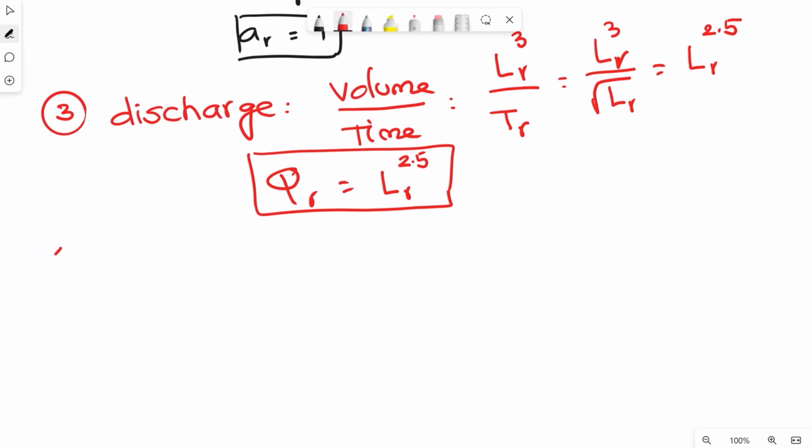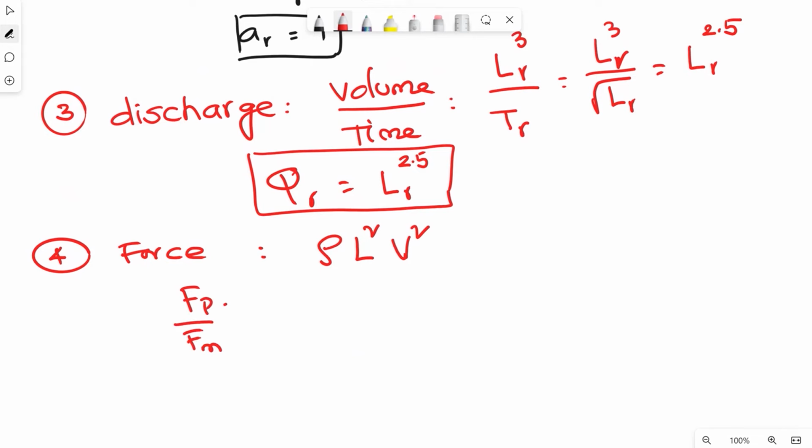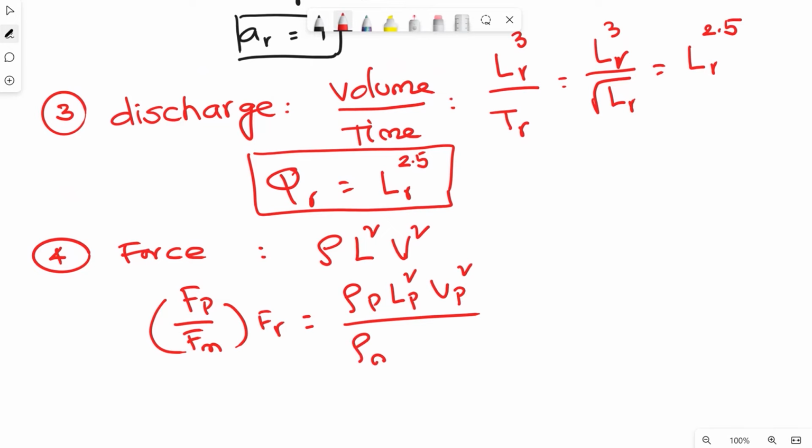Then the fourth one. What is the fourth one? Force. Force is equal to rho L square V square. So FR is equal to rho P LP square VP square divided by rho M LM square VM square. Assuming this is the same fluid, the density ratio becomes 1.